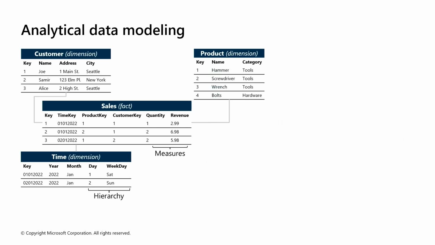Analytical models are the foundation of business intelligence solutions. An analytical model structures data in a way that makes it efficient to analyze and report on. These models are built from related tables, and they define two key things: the numerical values you want to analyze, called measures, and the entities you want to analyze them by, called dimensions.